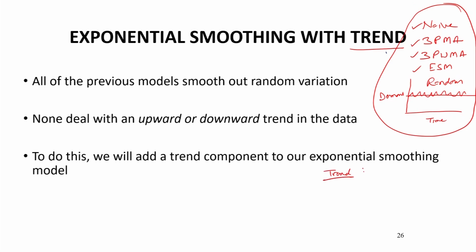In case of trend, as we discussed earlier, the demand is not a straight line, but the demand is increasing. This is a time versus demand graph, and around the trend line your random variation is there. So, there are 2 types of variation, one is there is a trend and second is there is a randomness.